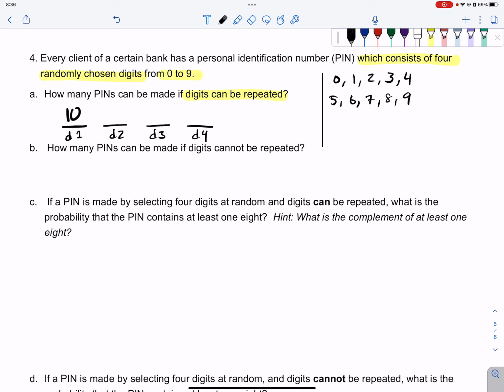And now we're saying that the digits can be repeated, so we have the same for 2, 3, and 4. They're all 10 options. And now our counting principle says we just multiply these together. So 10 times 10 times 10 times 10 gives us 10,000 different PIN numbers that we could write for a 4-digit PIN number.